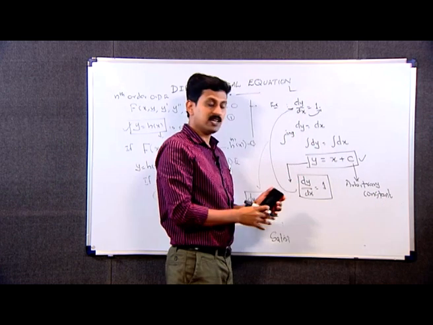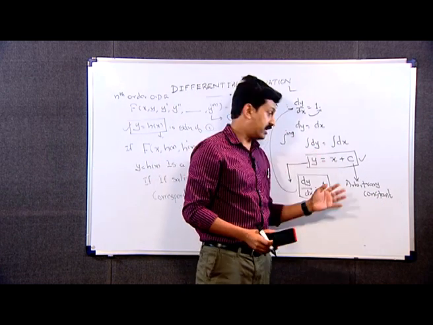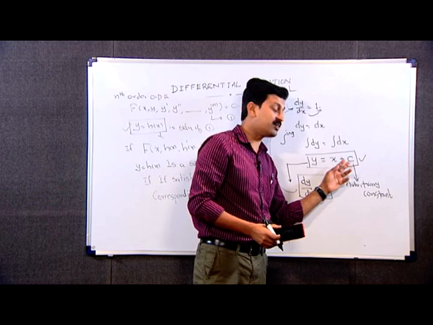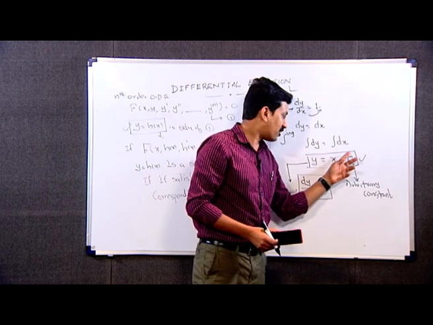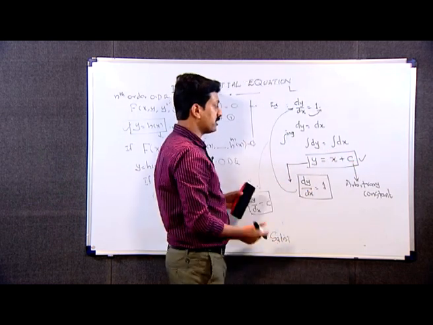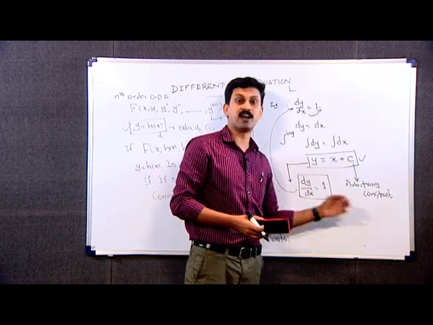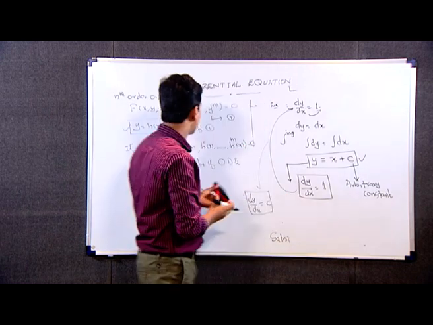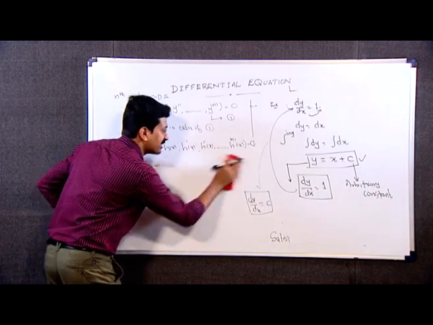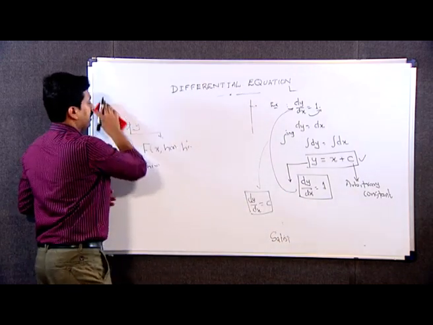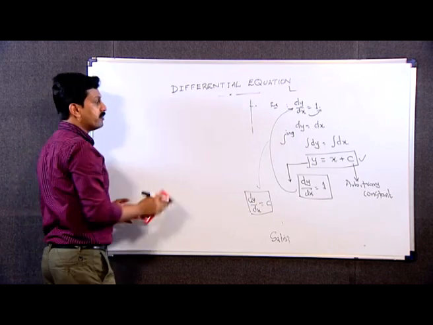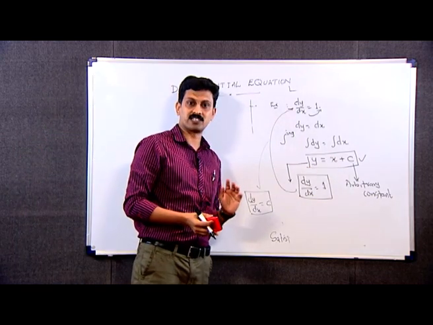The constant that is treated like a variable. It has an ability to vary; it can take different values. Because this is an arbitrary constant, instead of c you can have 1, 2, 3, etc. You can have any values. So, what is the meaning? You can have many solutions for this differential equation.